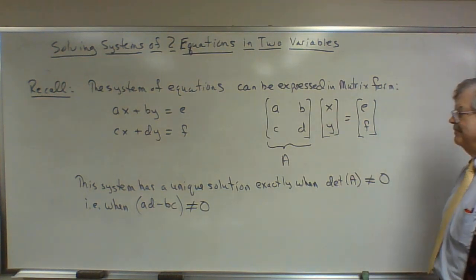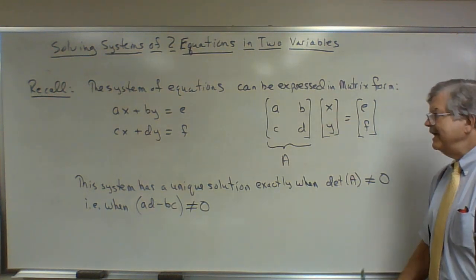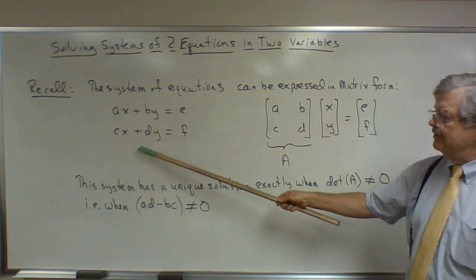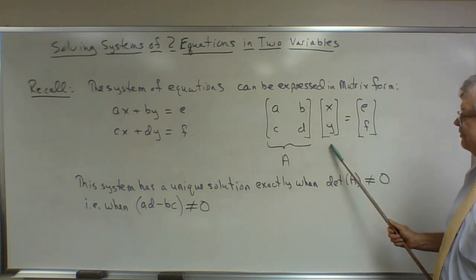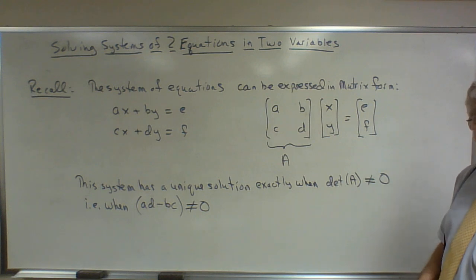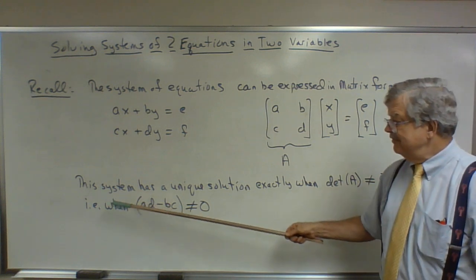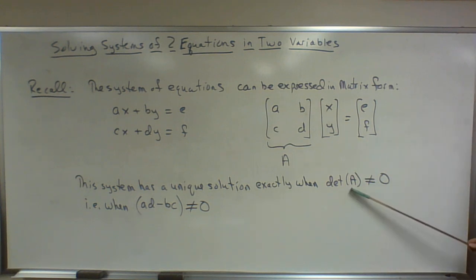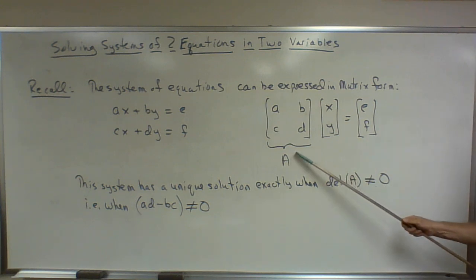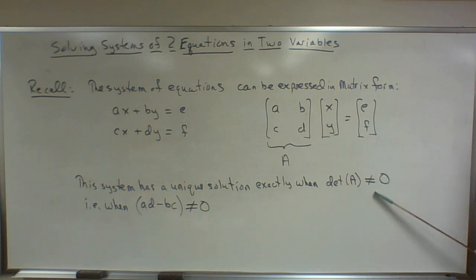Okay, I still got it. So we can take this system of equations and rewrite it in matrix form. And here's the kicker. This system has a unique solution exactly when the determinant of A, the coefficient matrix, is not 0.